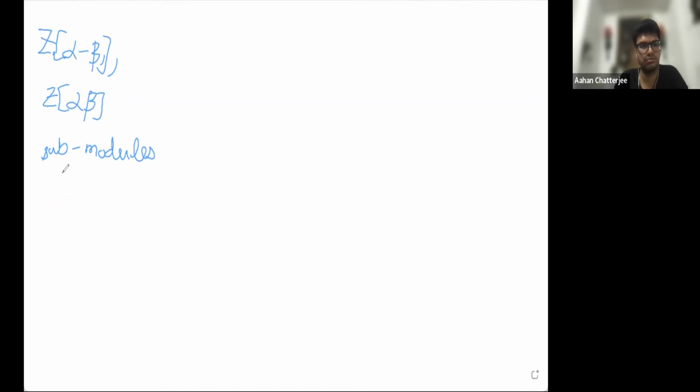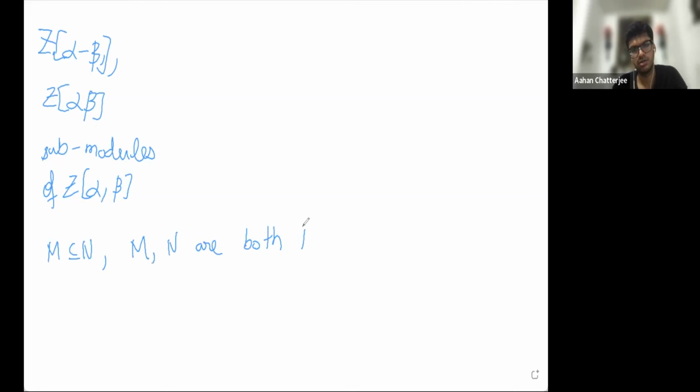Submodules are basically the same concept: M is a subset of N, and M and N are both modules with respect to the same operation.